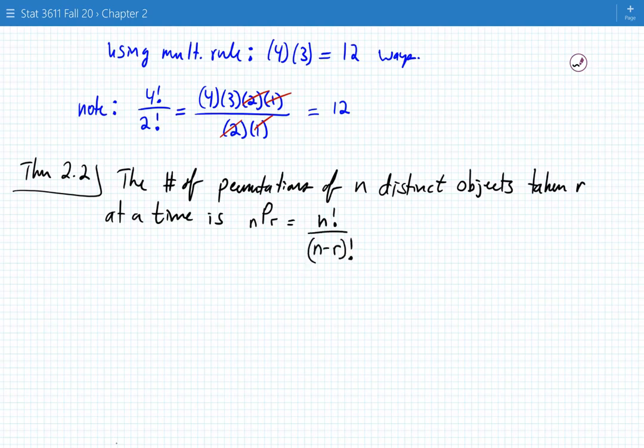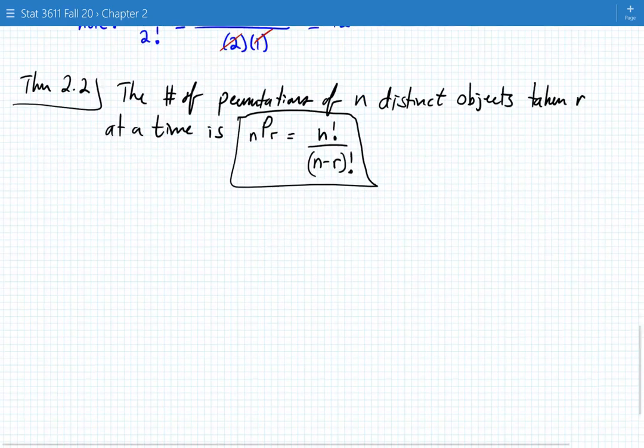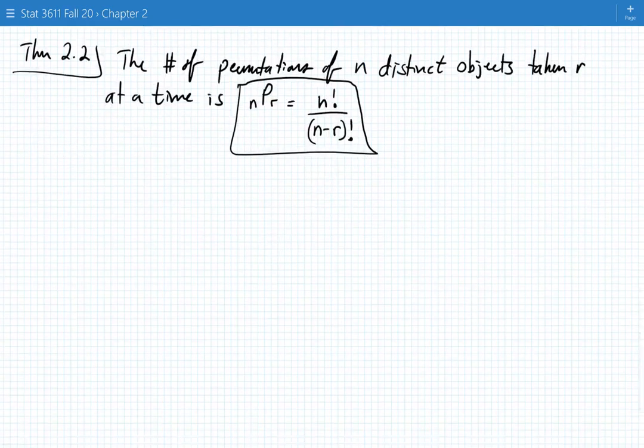You're dividing by the remainder of steps in the full general multiplication rule that you're not doing. You're undoing that operation from the multiplication rule. nPr: n factorial over n minus r factorial.